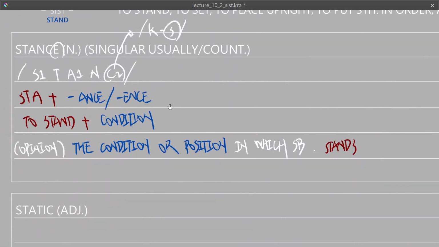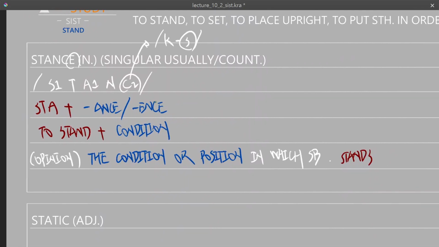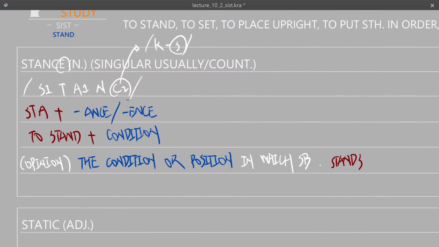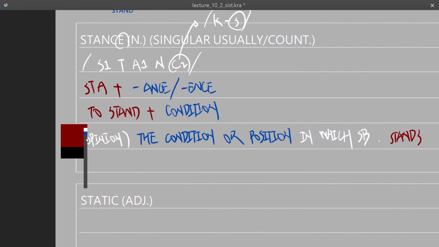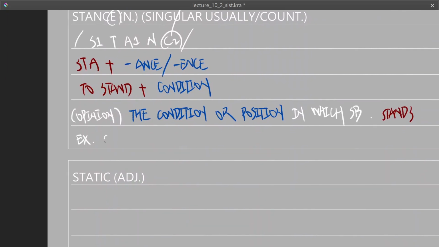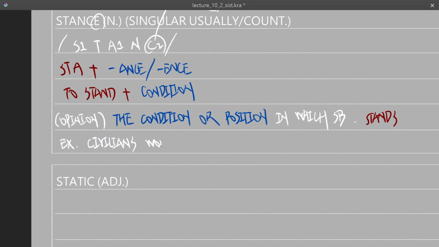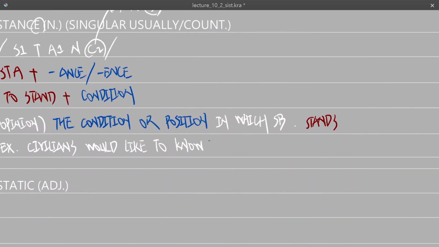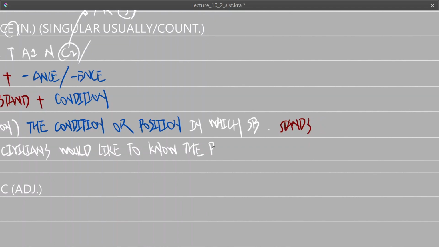So what's your own opinion? What's your stance on the specific issue? For example, we could say civilians would like to know the president's stance.